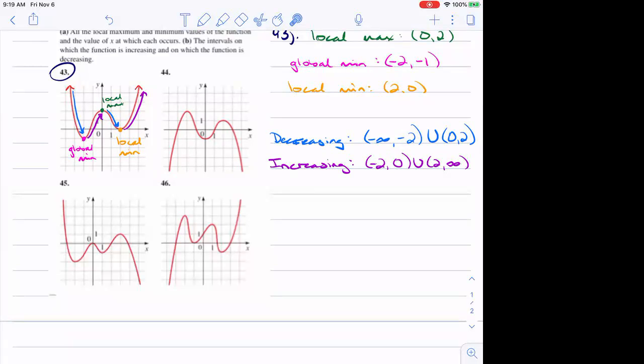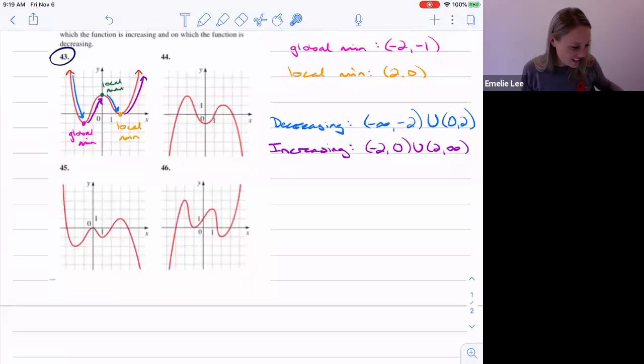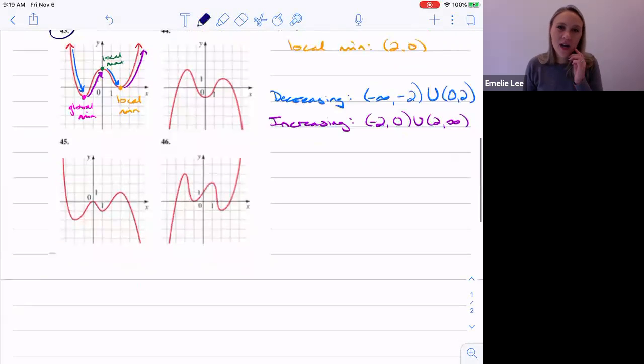Nice. All right. So we skip ahead a little bit. Section 2.4 is on average rate of change. It's really just the slope between 2 points, and that's all Shaun has me say here.